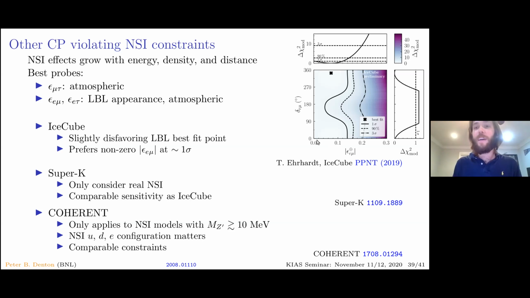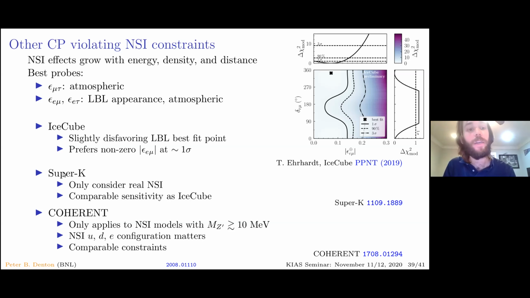And this is their constraint and preferred regions in epsilon e mu and the phase. It's the same parameters that I just showed. And they rule out everything to the right at, whatever significance. And their best fit value is non-zero at a little over 1 sigma, and the phase is comparable to the phase that we saw. It's in the same region. Of course, this is almost certainly not anything, but nonetheless, I'm allowed to get excited from time to time.